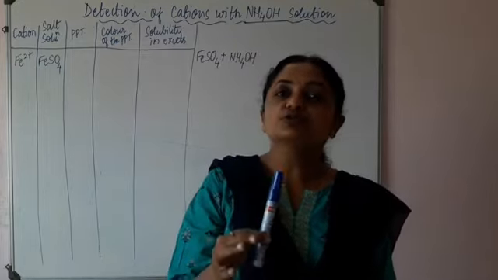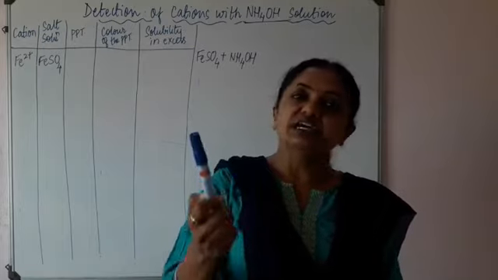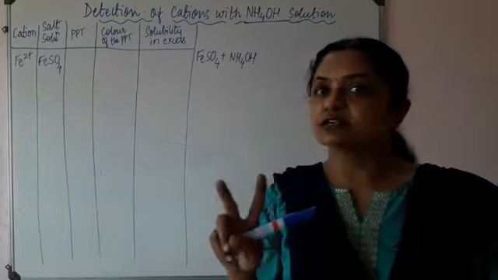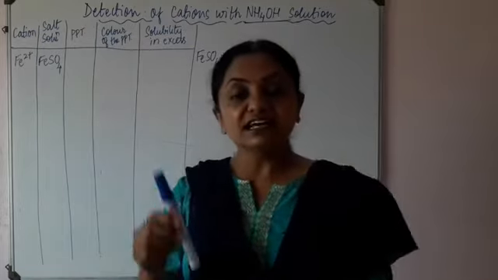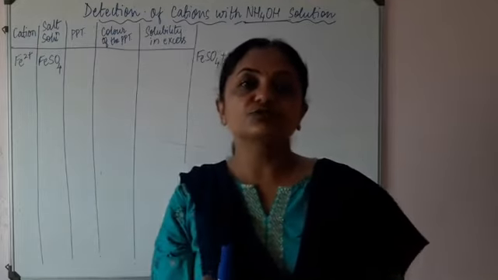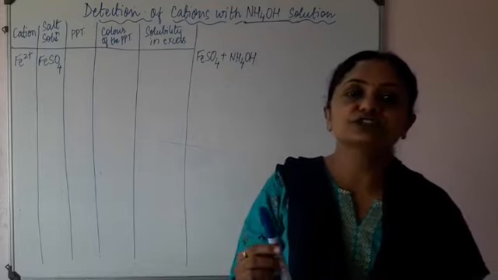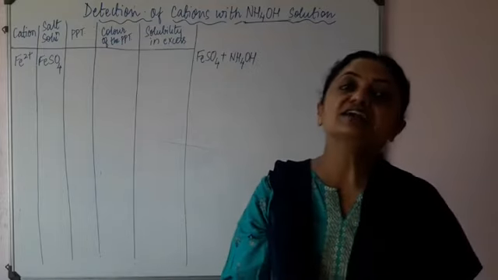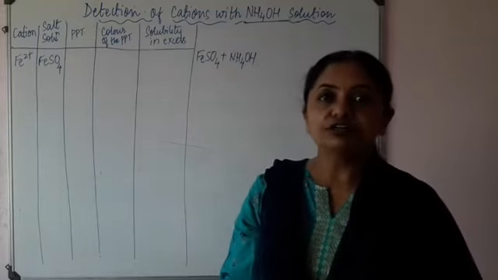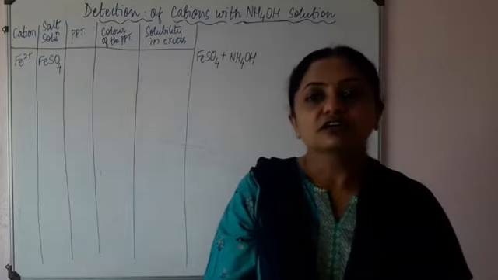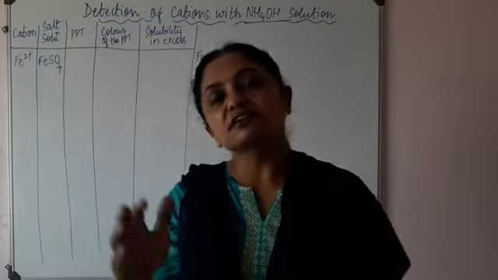In the first test tube you will add a little NaOH and then excess NaOH, and do two observations. In the second test tube you will add a little NH4OH and then excess NH4OH, and do another two observations. After that you will confirm or infer that the cation present in the salt is ferrous.